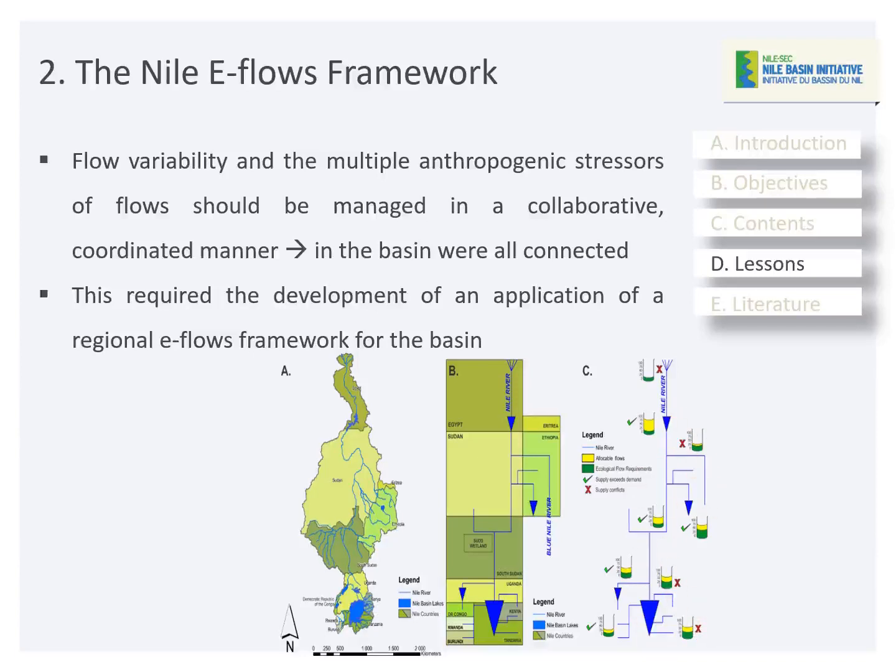And we get an idea of where the allocation does not exceed the environmental flow requirements, and all the environmental flow requirements in the context of allocation, and how much water is available, and whether or not we are starting to tap into those environmental flows, or we're starting to threaten the environmental flows by the amount of water that has been abstracted from the flows available across the basin.